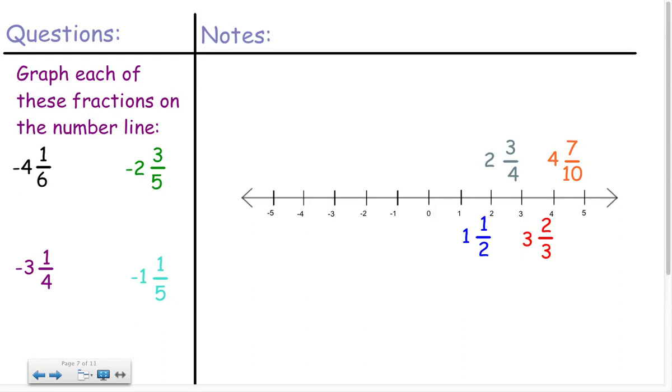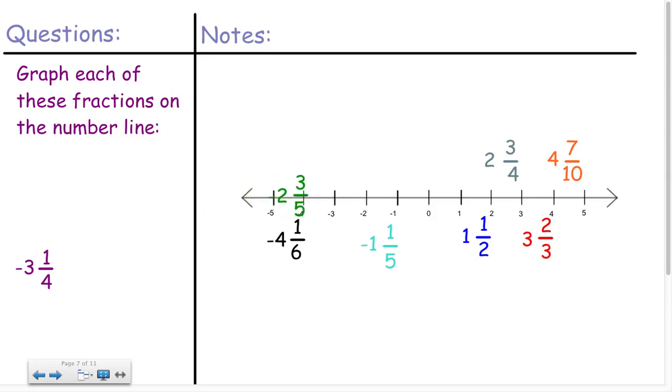Okay, now we're left with negatives. Negative 1 1/5 would go, it's a little bit smaller than negative 1. So it's negative 1 and a little bit more, so it should go between negative 1 and negative 2. Negative 4 and a little more goes between negative 4 and negative 5.